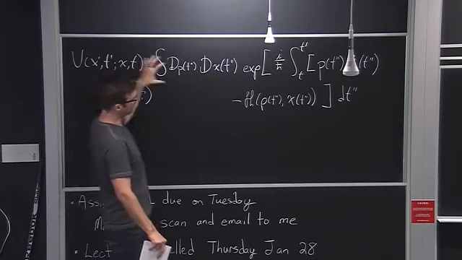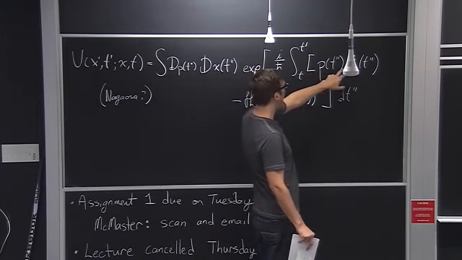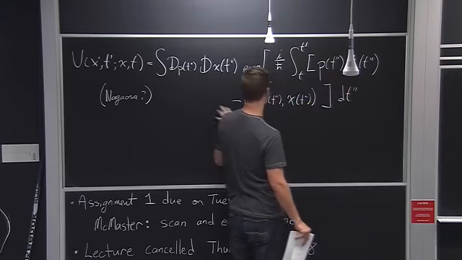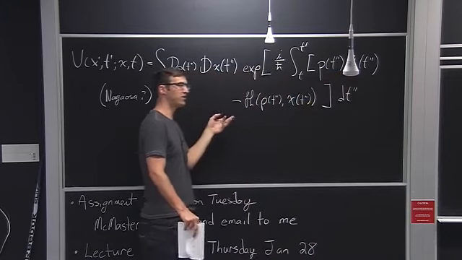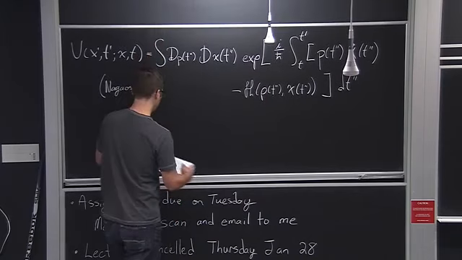This particular formulation, where I have p, x, the time derivative of x, and the matrix element of the Hamiltonian, is called the Hamiltonian formulation of the path integral.